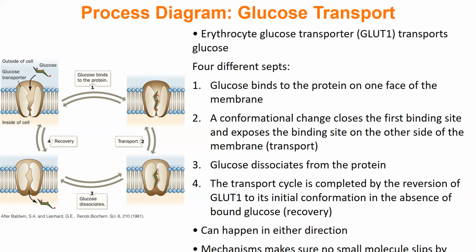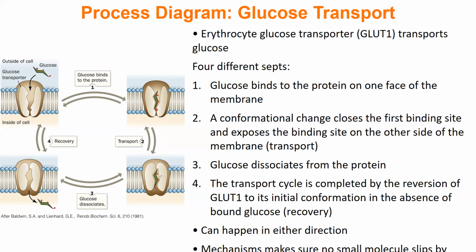Once you have glucose bound, you do a conformational change. So you can see at the beginning, GLUT is only open to one side of the cell. When glucose binds, the channel changes, and now we're open to the other side of the cell.